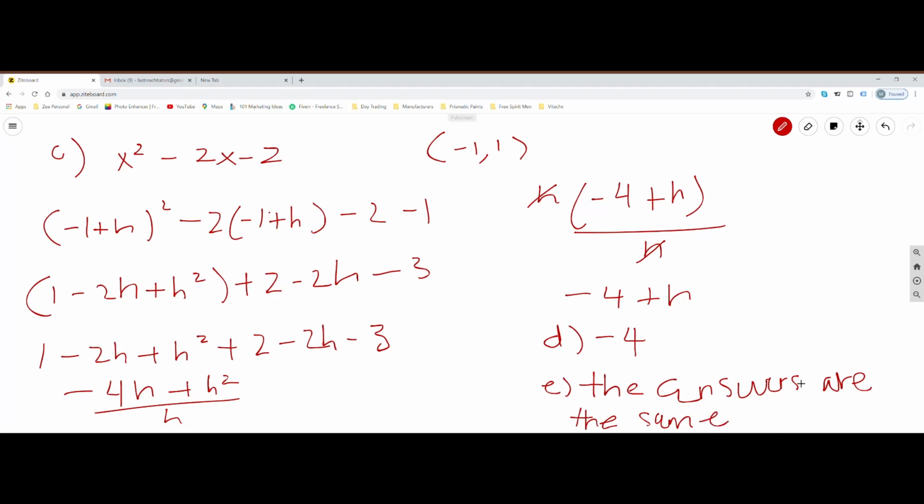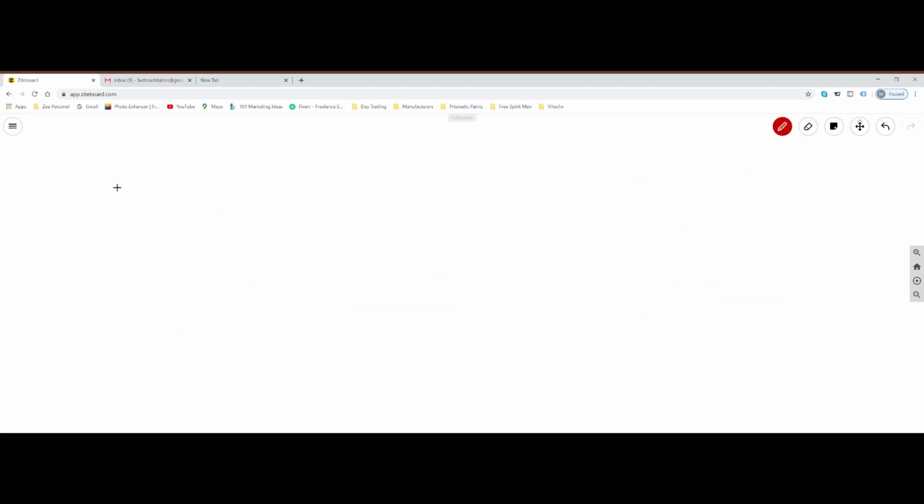Okay, so now let's look at number 7. We have 7a, which is x squared plus 3x minus 5, and you have points -3 and -5.